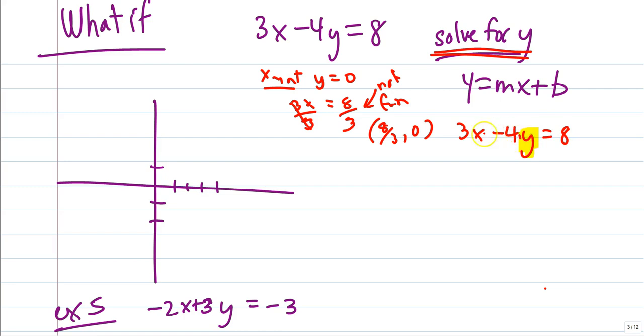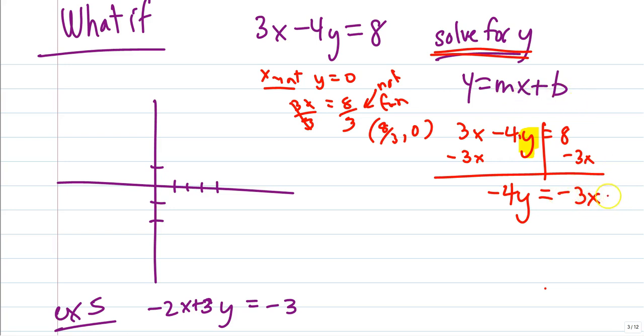Y is being multiplied and added by 3, so the inverse, we start by subtracting. What's left on the left side? Now on the right side, do not write that as 8 minus 3x. Not that it's mathematically wrong, but remember I want mx plus b. So we're actually going to write the x first plus the 8. Keep it in that mx plus b.